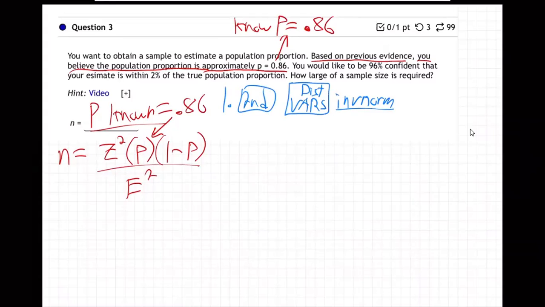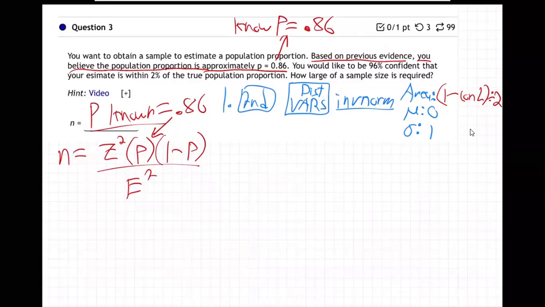If you have the kind that goes area, mu and sigma, these are 0 and 1. The area will be parenthesis 1 minus confidence level divided by 2.